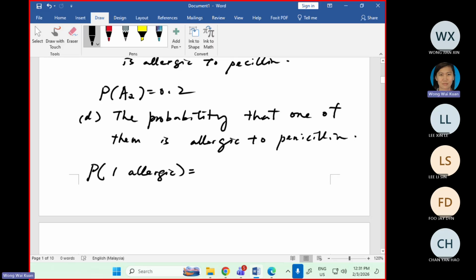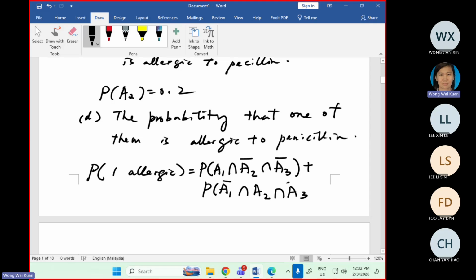Can it be the first one? So that means it can be the first one allergic, but the second one allergic or not allergic? No, and the third one not allergic, or the first one not allergic, but the second one allergic, and the third one not allergic, because I have only one allergic.